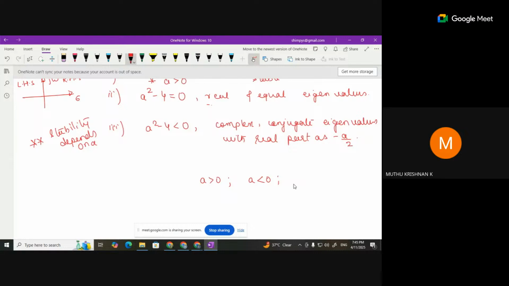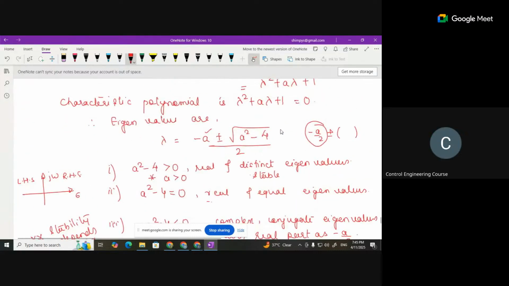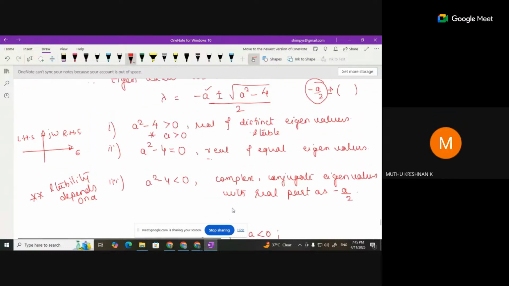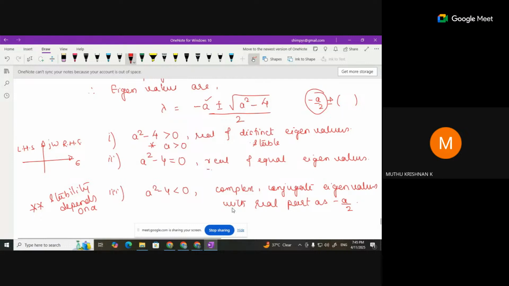No, in the second case, we are talking about A square minus 4, the determinant. We are talking about the determinant, and then seeing what type of eigenvalues we are getting. And here we are talking about the values of A for which our system is going to be stable or not. Here we are doing the stability analysis. You're just mixing two things. So the case A square minus 4 equals 0, we are not considering that.